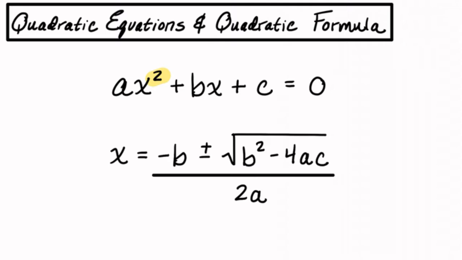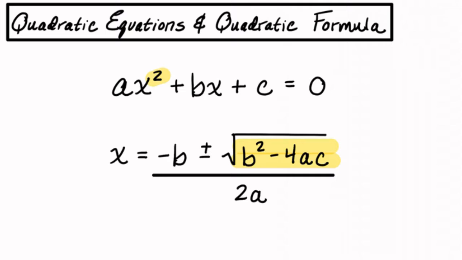we have a quadratic. Right below that, we have the quadratic formula, which will give you the solution or solutions or perhaps no solution to any quadratic equation. And today we are going to discuss this part under the radical, which is known as the discriminant, and we're going to look at what it can tell us about the solutions to a quadratic equation, and maybe save us some work.